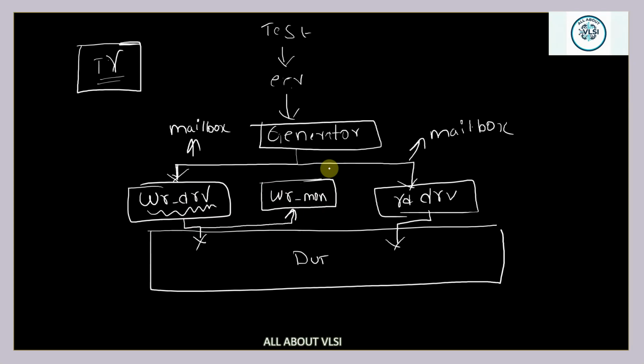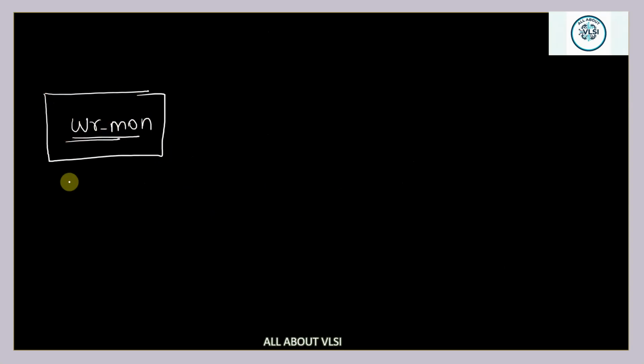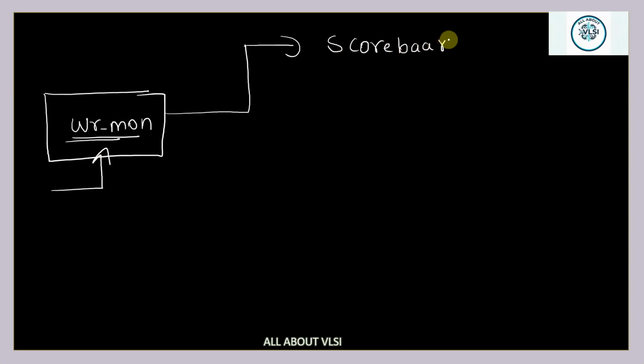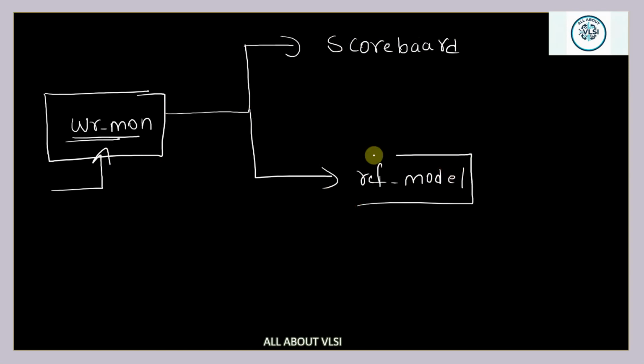Why it is being monitored, we will discuss later. Our duty is to develop a monitor, and what we are going to do with those things we will discuss later. The write monitor monitors the transactions which our driver was driving, and after sampling them from the interface, the write monitor is going to give those transactions to one more component known as the scoreboard, and another component known as the reference model, via the mailbox.